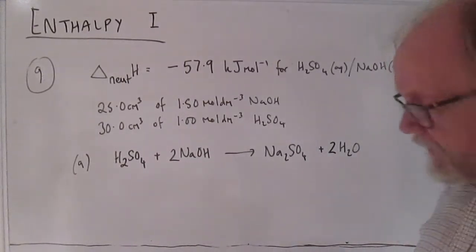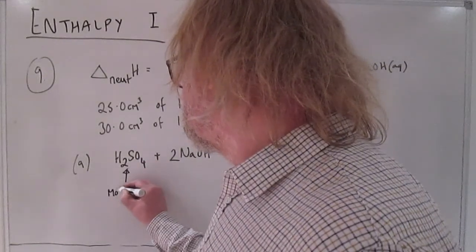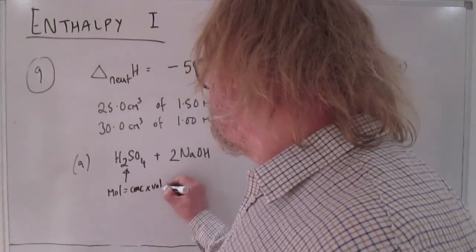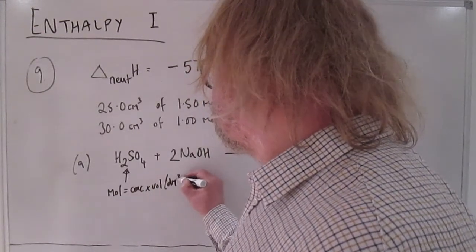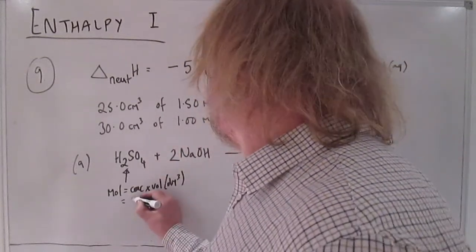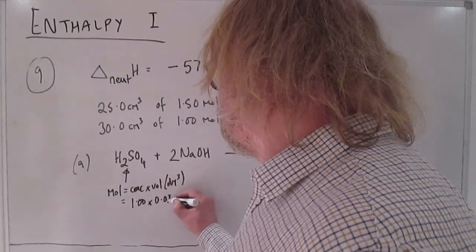So if we work out first of all the moles of sulfuric acid, the moles is concentration times volume in dm cubed, which is 1.00 times 0.03.